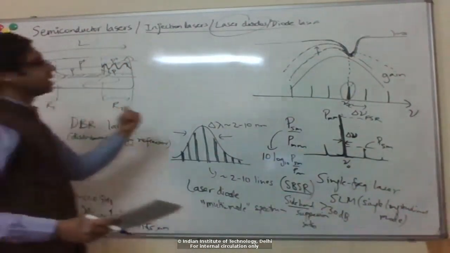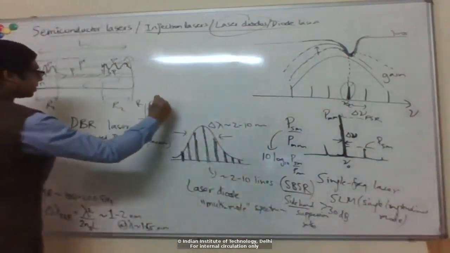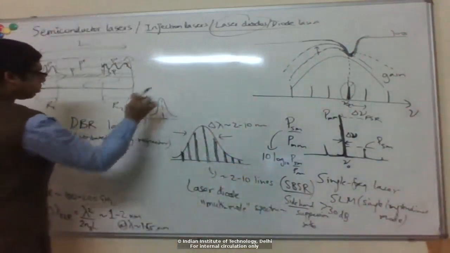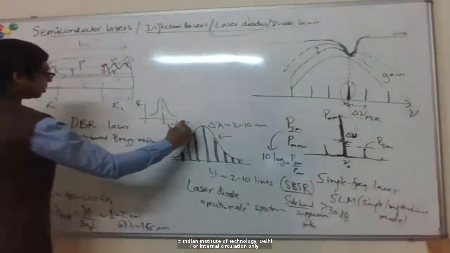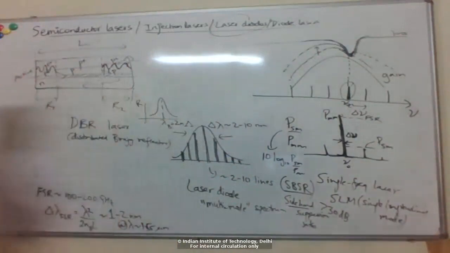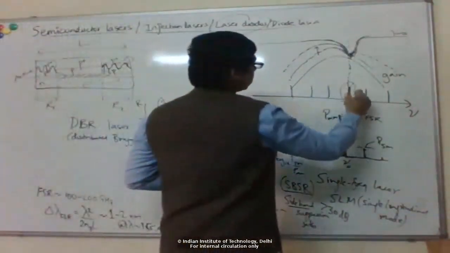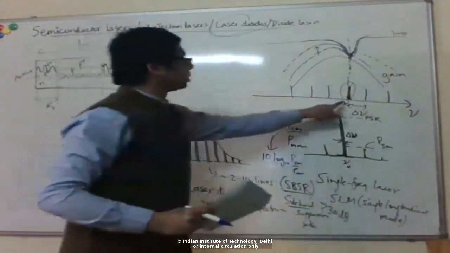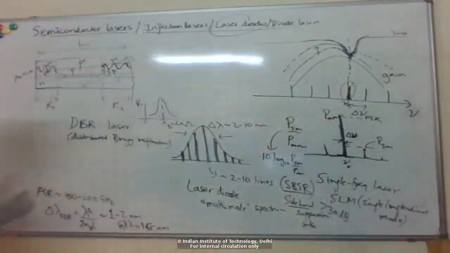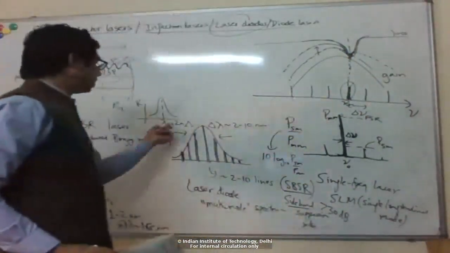The point of the Bragg grating is that the reflectivity spectrum is very narrow, peaked at this Bragg wavelength, which depends on the periodicity. So basically, we have this minimum loss corresponding to this wavelength, lambda b. So only that particular wavelength will lase.